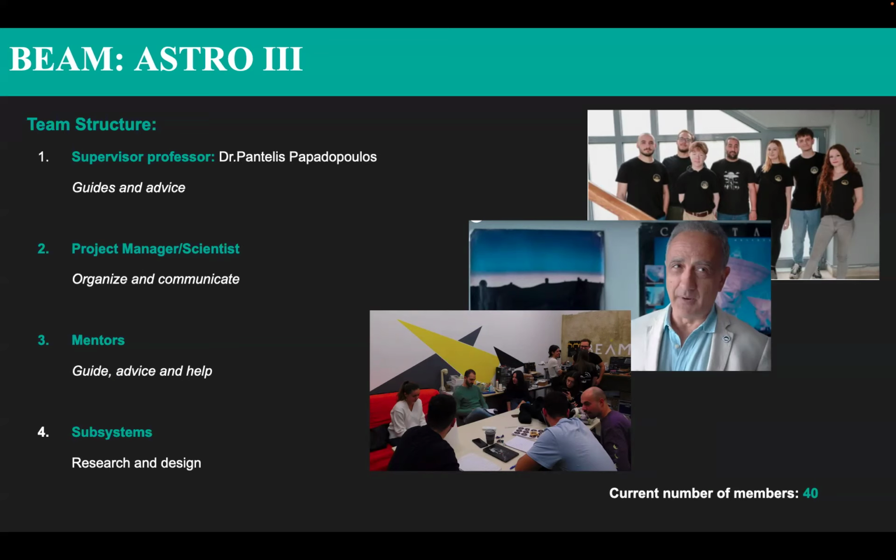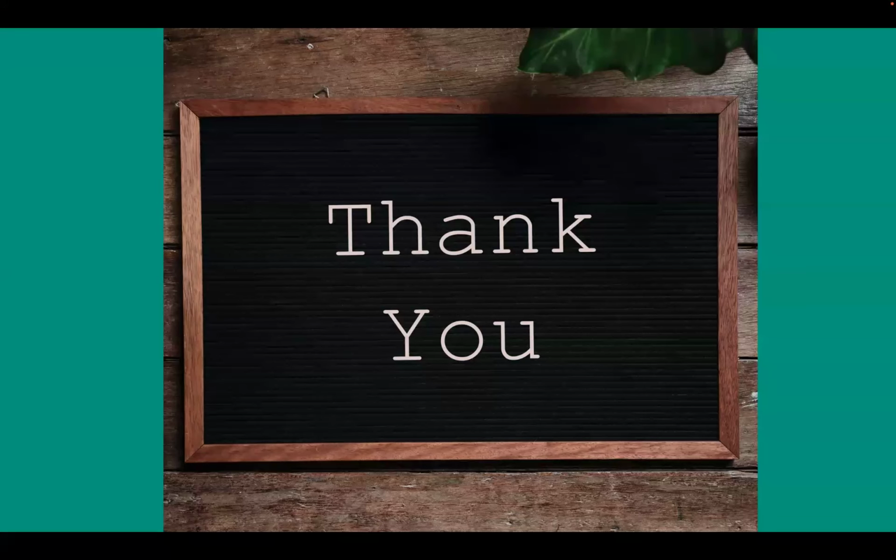We have our mentors, PhD students, postdocs, colleagues of our professor that help us with questions and train us during training weekends that we do throughout the semester. And of course, the subsystems that take all this information and put it into action. Currently, we have 40 members. And that's it. Thank you.